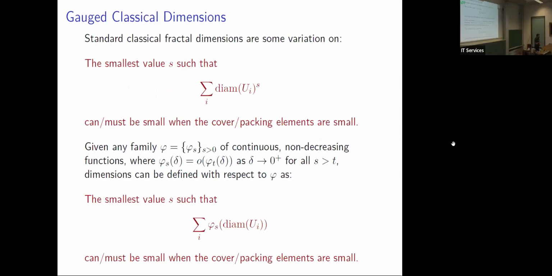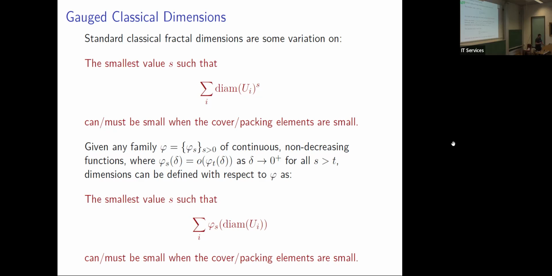Okay, so here's what I mean there. Any standard classical fractal dimension is some variation on: you want to find the smallest value s, or the inf of s, such that the sum of all the diameters to the s in a cover or a packing can, or have to, be small. But we can replace this diameter to the s with some other function family phi sub s of the diameter.